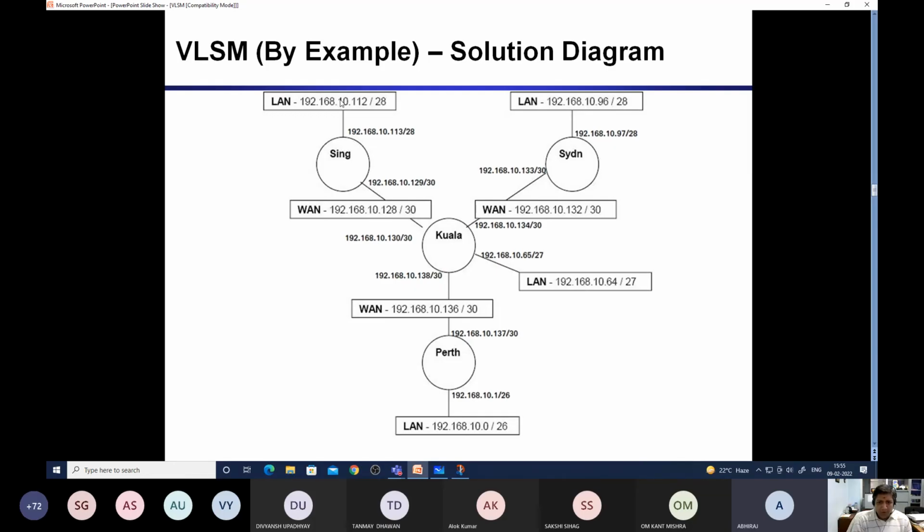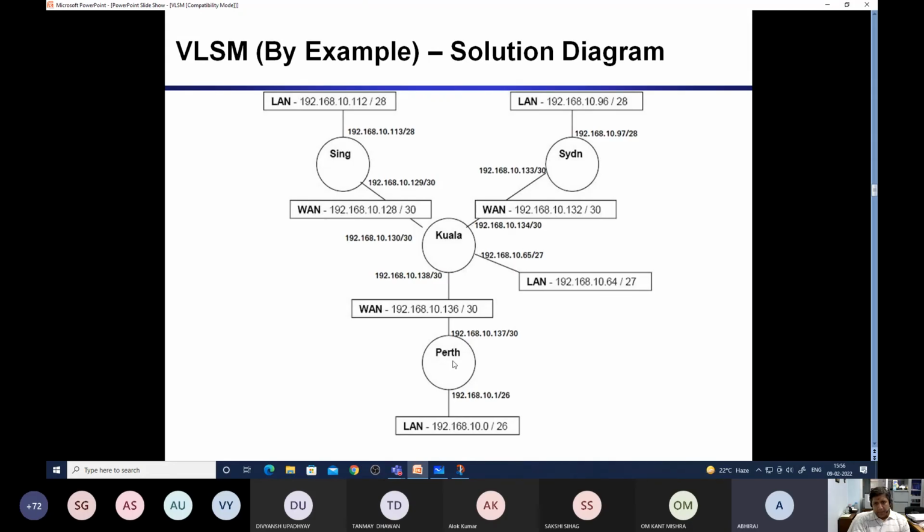So as you can see from Perth, we have one LAN network 1, this wired network 2, LAN network of Sydney 3, LAN network of Singapore 4, wired network between Singapore and Kuala Lumpur 5, then 6, and then 7.